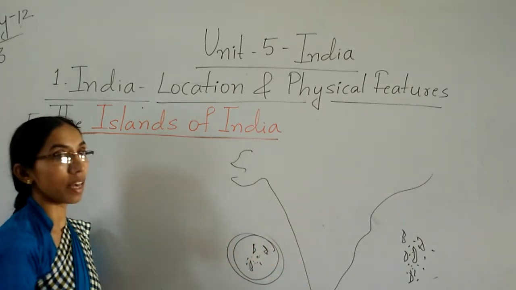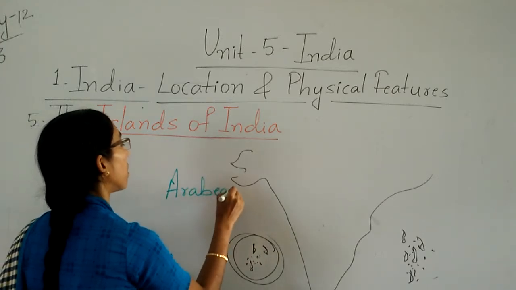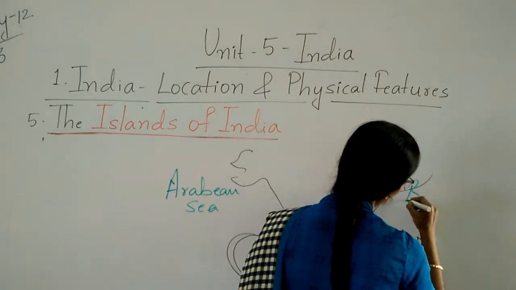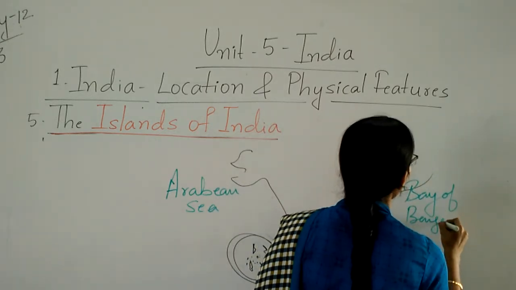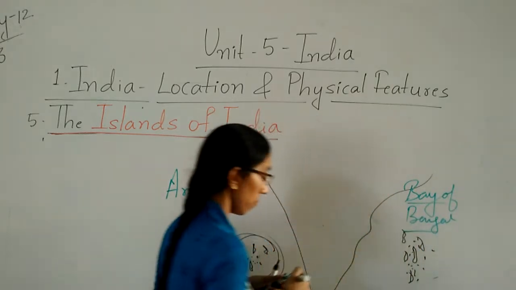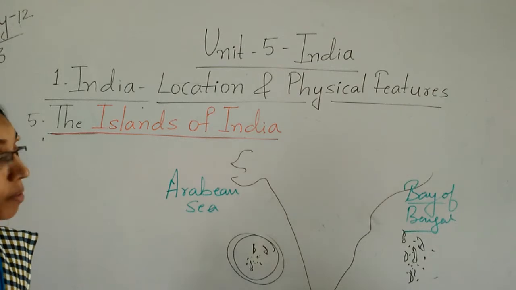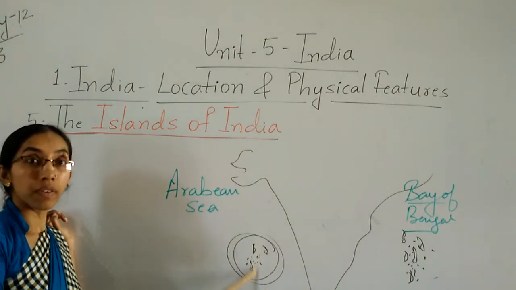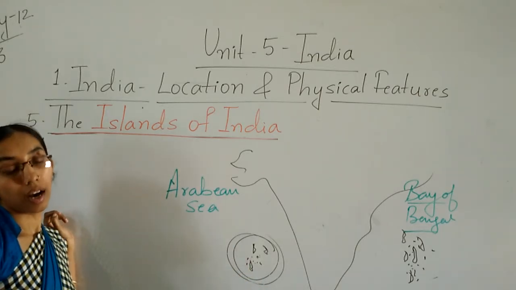Here which sea is there? Arabian Sea. You know, children? And that side it's the Bay of Bengal. Now understood what is the meaning of island? Which land is surrounded by water? That is called the islands.